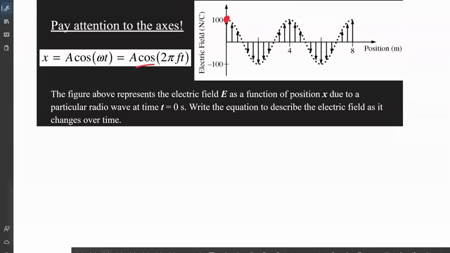So looking into this amplitude, I get my amplitude is 100. And then cosine of 2 pi f t, the last piece of information we don't have is the frequency.